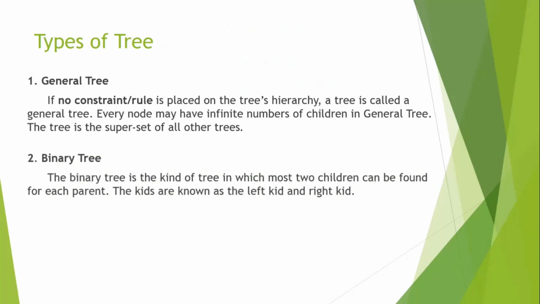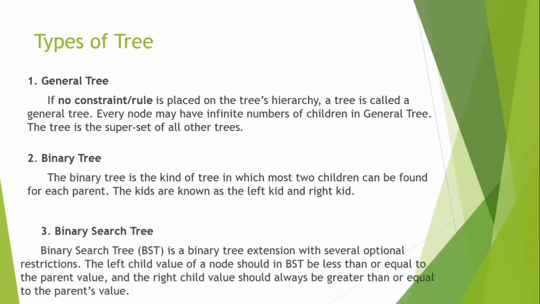Next is the binary tree, a kind of tree in which at most two children can be found for each parent. The children are known as the left child and the right child. Another type is the binary search tree, or BST.